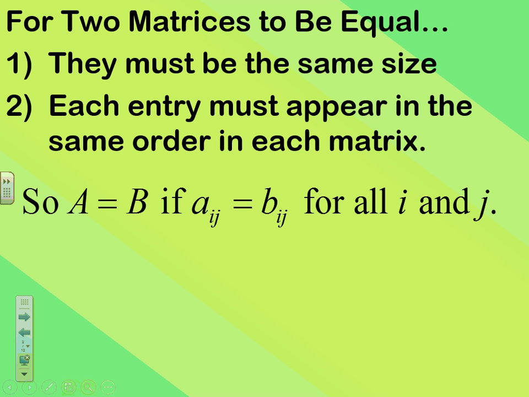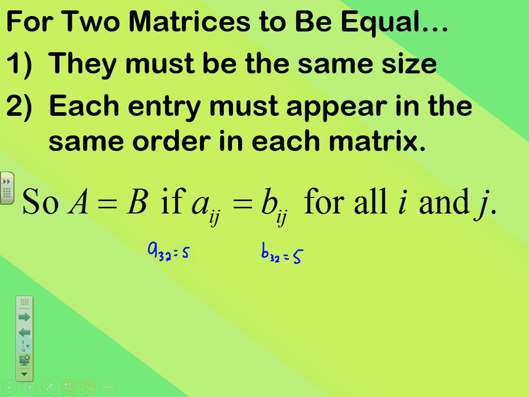The statement at the bottom, matrix A being equal to matrix B, will work if every element of matrix A matches the same element in matrix B. If a 3,2 was equal to 5, then b 3,2 better equal 5 also.